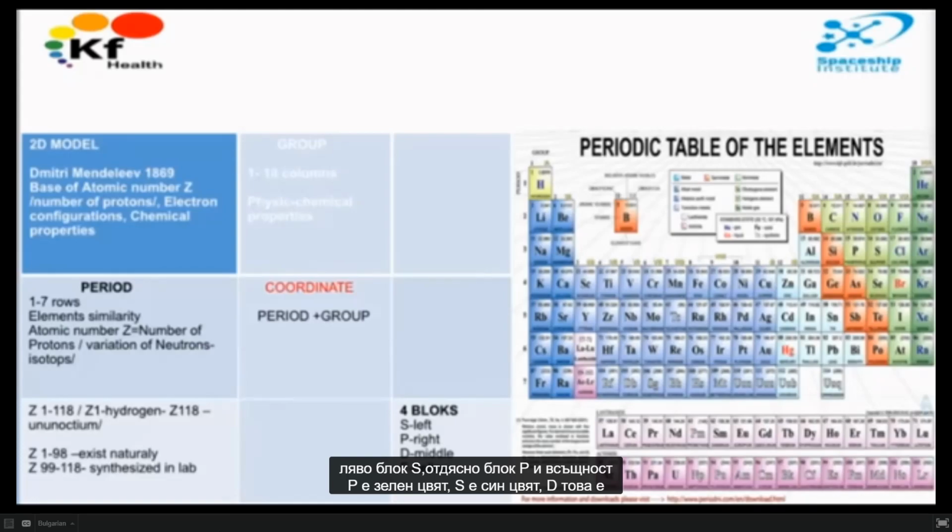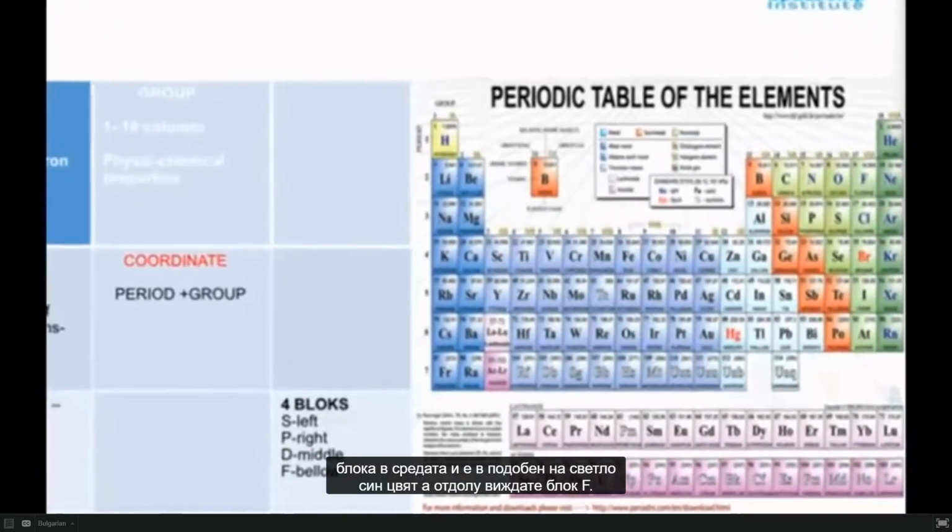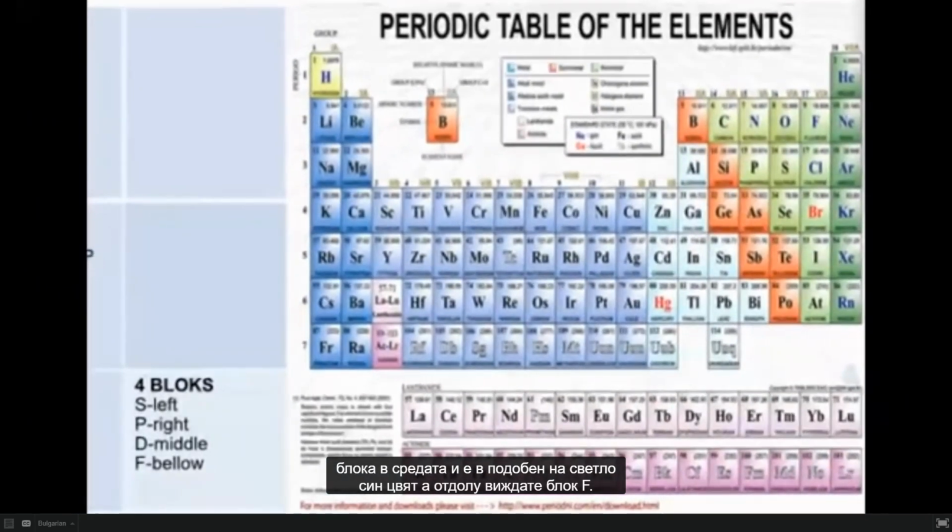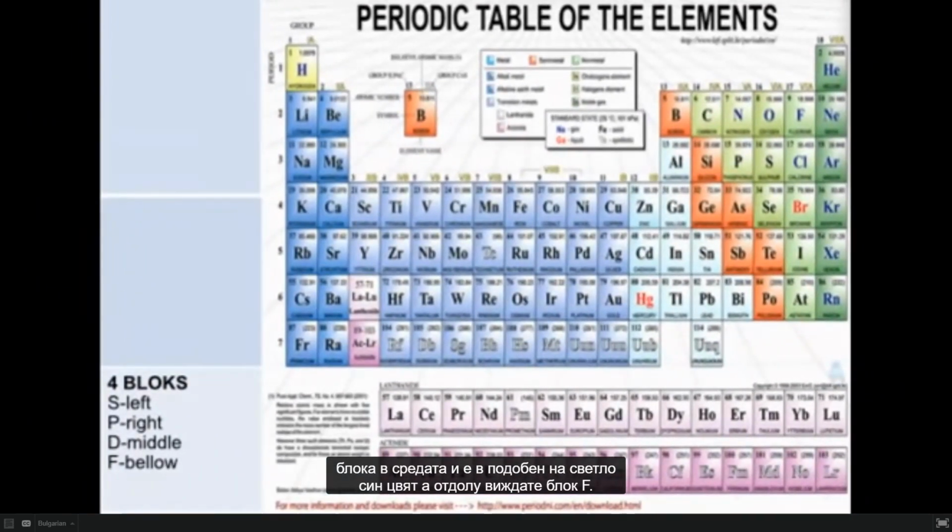D is the block in the middle, and it is some kind of blue, what you see, and on the bottom you see the F block.